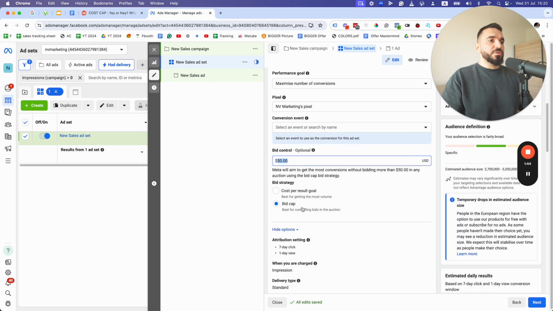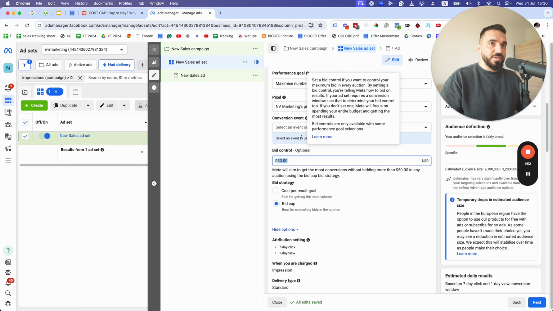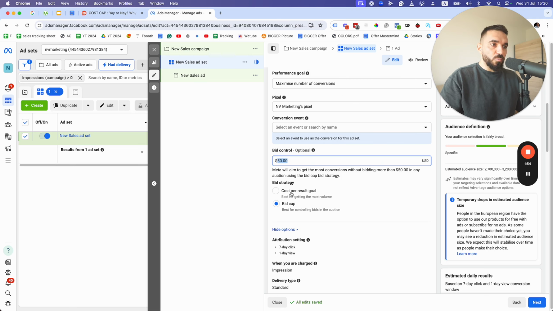So why do people use the bid cap or the cost per result? Usually they use it because it helps them save money. In some of my campaigns, I'm getting amazing results with the cost per result, but also the bid cap. If I have to pick one to use, I would usually go for the bid cap. But keep in mind that in the bid cap, you need to leave the value here higher.